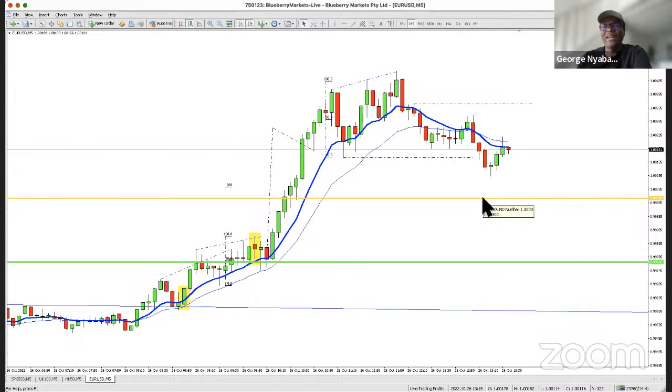Okay, 1 is just parity when we are talking of price action. It means these currencies, in terms of the ones we're looking at, euro versus the dollar, are the same. 1 euro is equal to 1 US dollar. And whenever you get to parity, you can expect there to be some significant price action because it has implications on both economies.